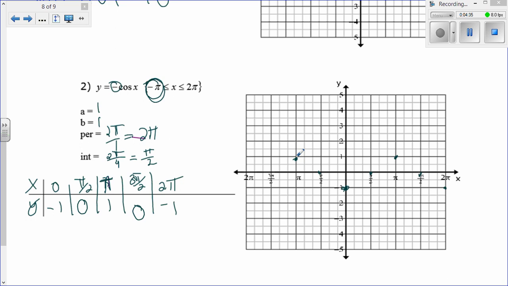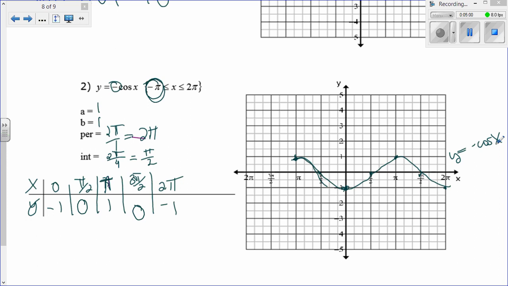It's kind of a strange interval, but just kind of trying to see if you're paying attention to what the directions tell you. So connect your points. And this is y equals negative cosine x.